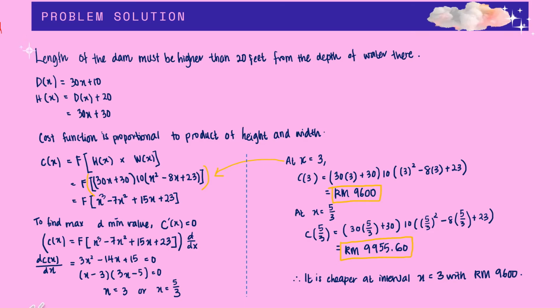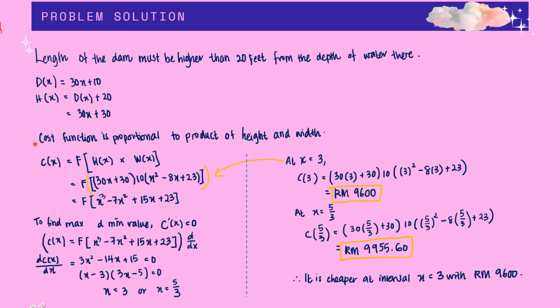The constraint is that the height of the dam must be 20 feet higher than the depth of water there. So, firstly, we must list all the information given. The depth d(x) equals 30x plus 10 and the height h(x) equals d(x) plus 20. Therefore, we substitute d(x) into that equation, and we get h(x) equals 30x plus 30.